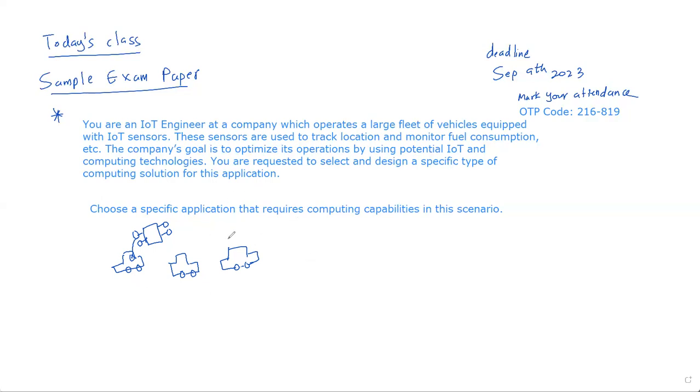The sensor nodes have communication features, and they communicate to a certain access point which is available in a specific location in the environment.